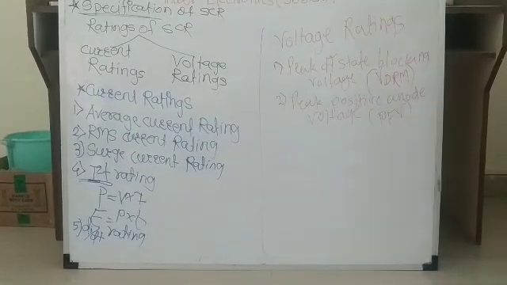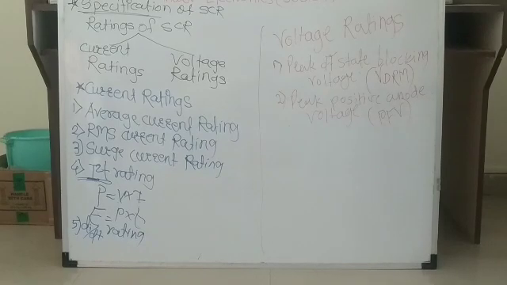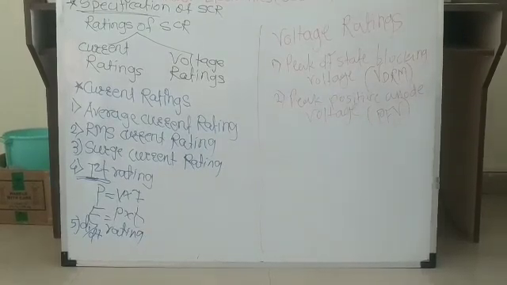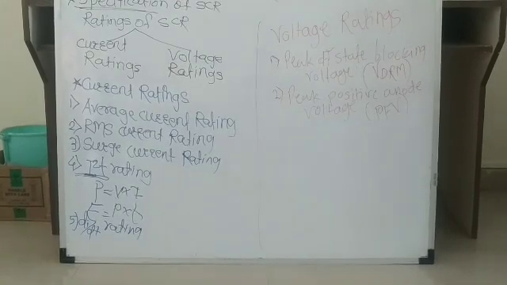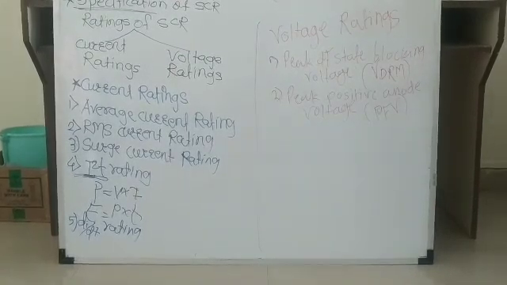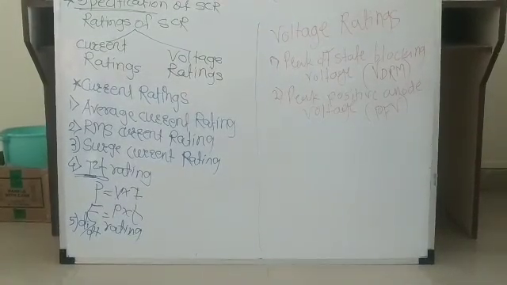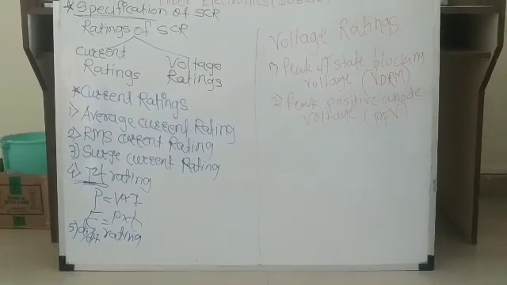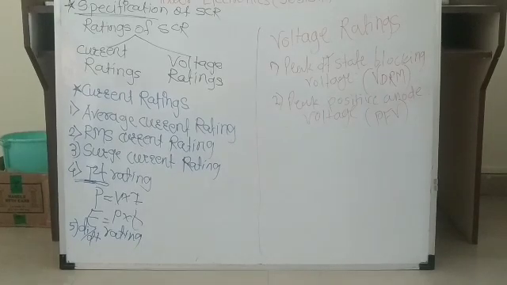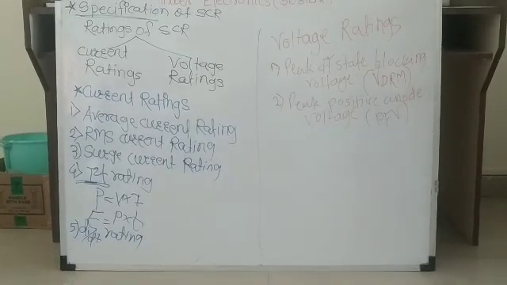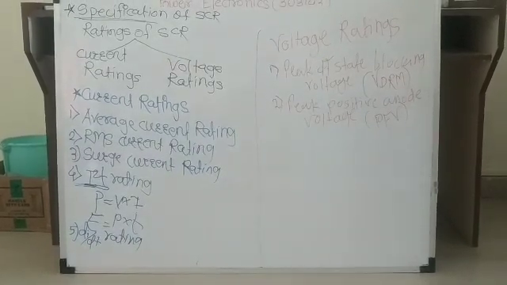In other words, when we learn the characteristics of SCR, we see the breakover voltage. What is the concept of breakover voltage? When the applied voltage is smaller than the breakover voltage, the SCR is in off condition. When the applied voltage reaches the breakover voltage, the SCR goes into on condition.